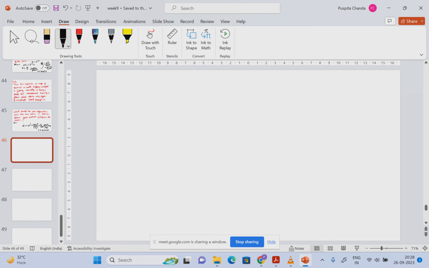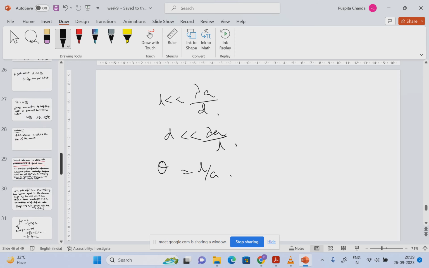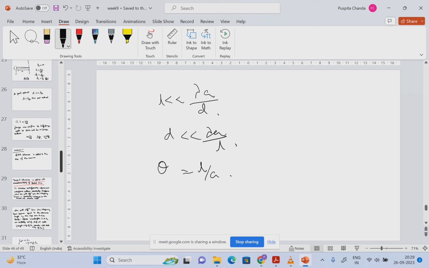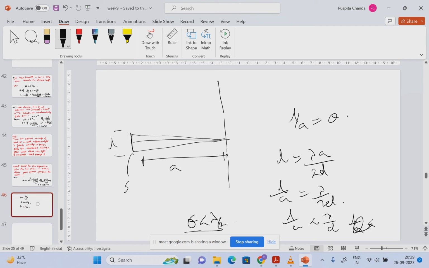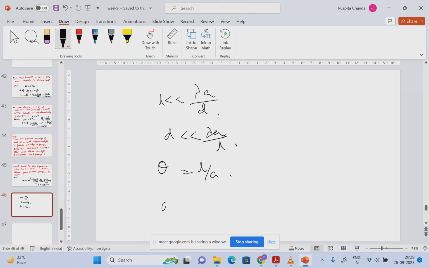So we know L should be lambda by theta, where theta was L by D. So D should be less than lambda by theta.